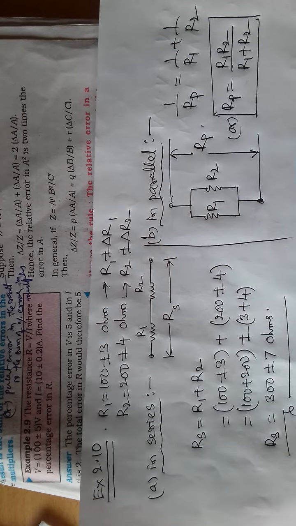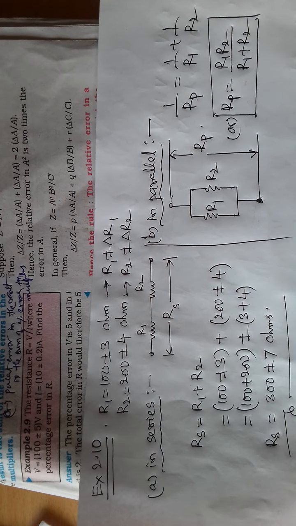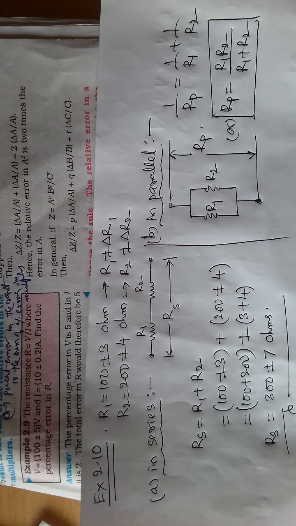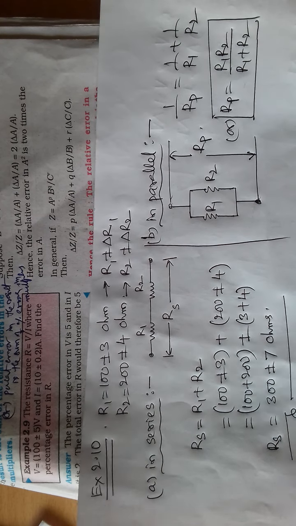Whether it is series or parallel, what we do is first we consider mean values. Afterwards, we consider the errors. In parallel also we do the same thing. First we consider mean values, afterwards errors.